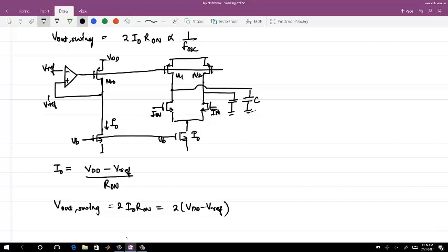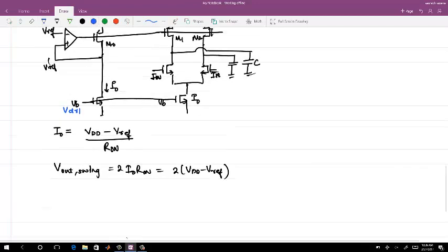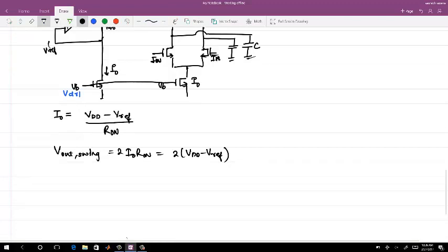In this case, that's why I say in place of VB, I use V control. Now let me write it.